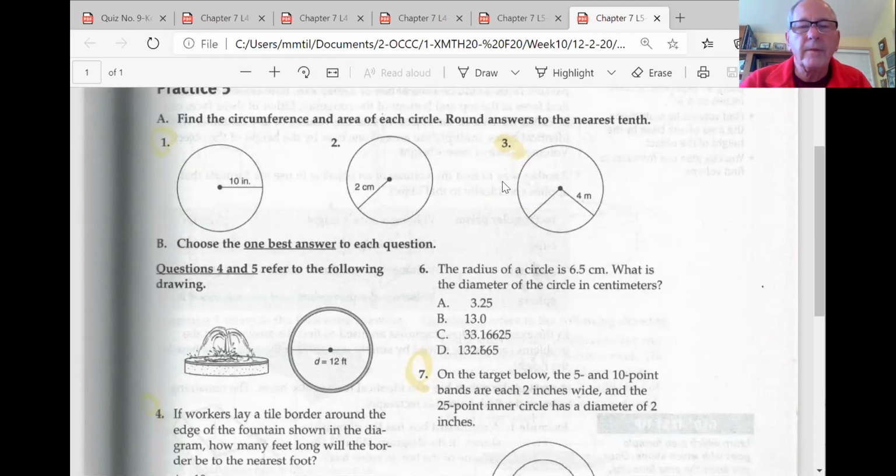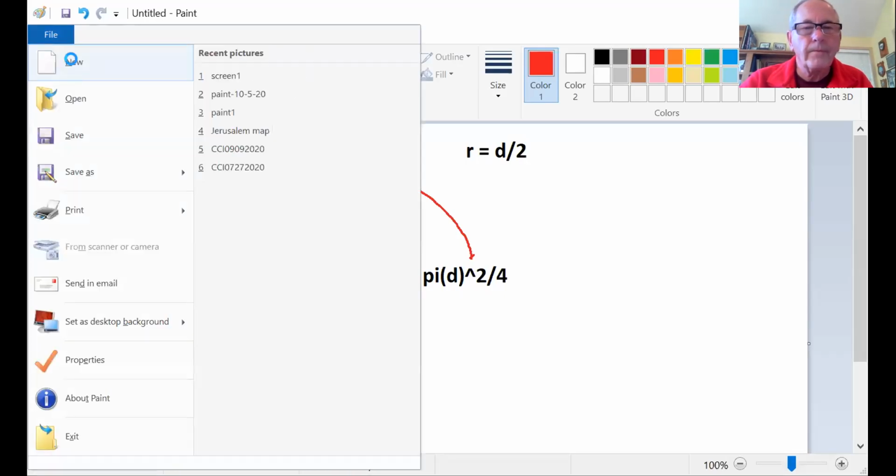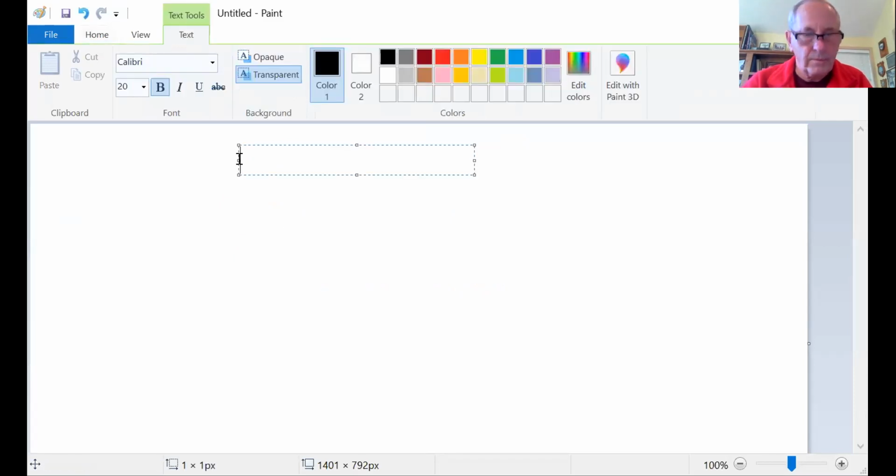Let's just do number 3. So stop sharing. Remember our 2 formulas. Circumference is equal to pi d, or pi 2r, same thing.